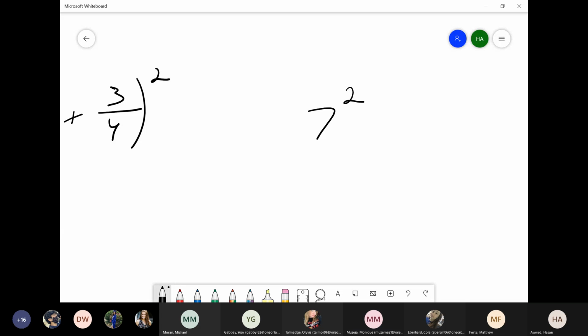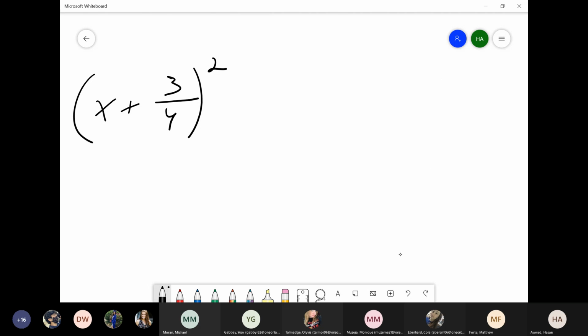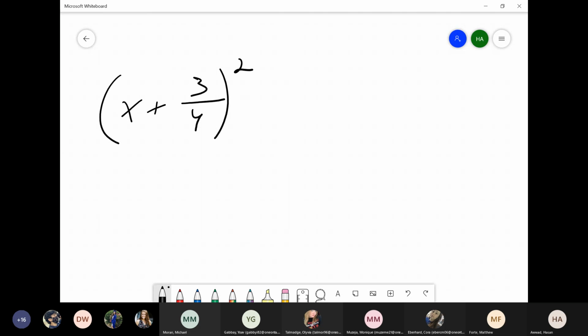It means you take whatever value is underneath the exponent and multiply it against itself the number of times the exponent tells you. So 7 squared is 7 times 7. With that knowledge, what's our first step here with x plus 3/4 squared?